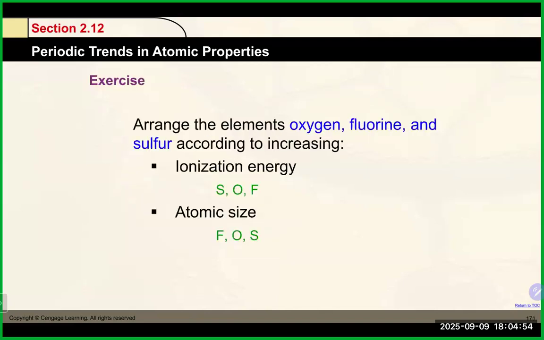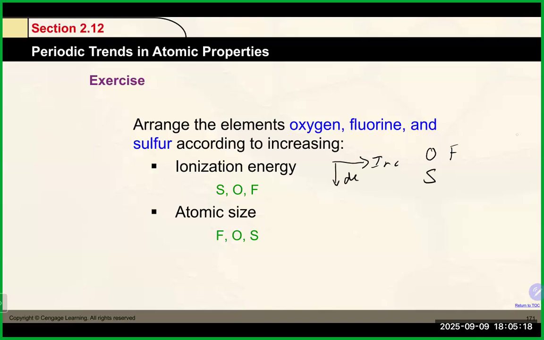All right, so I think this is the actual order, so we'll just talk about it. Arrange each of these in terms of increasing ionization energy and atomic size. And if we look on the periodic table, this is sort of where we find all these guys. This is sort of the arrangement. And when we talk about ionization energy, again, it increases up and to the right, decreases down.